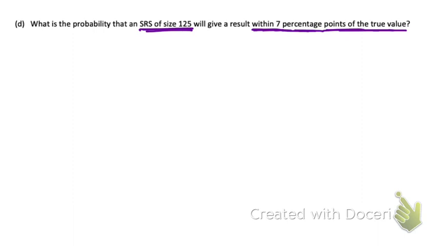That it is within 7 points plus or minus. Within 7% of the 80%. 0.73 to 0.87. There you go. So 80%, and I'm asking you to find the probability that her sample of 125 students is somewhere between 73% and 87%. That would be within 7 percentage points of the truth.